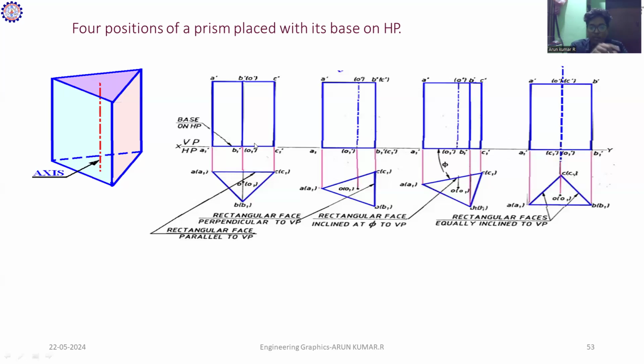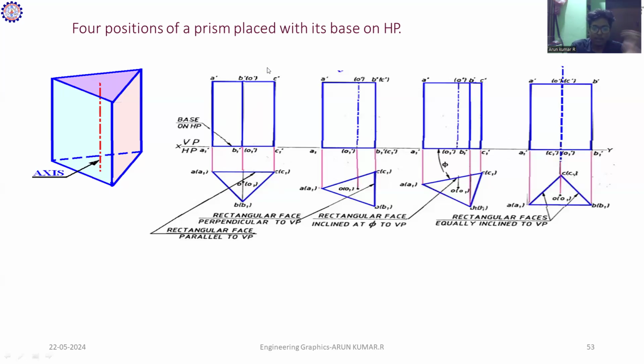Then you close the box and give the names: A1 is A1 dash, B1 is B1 dash, C1 is C1 dash. Similarly, A is A dash, B is B dash, C is C dash. So this is the one case.